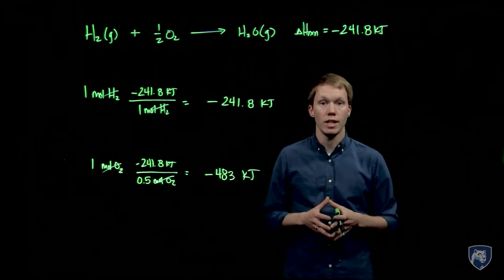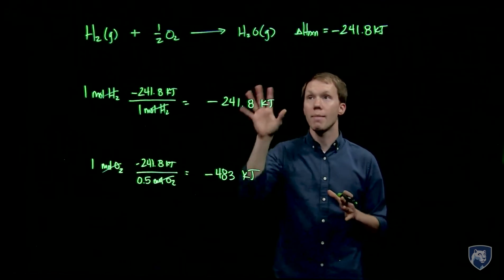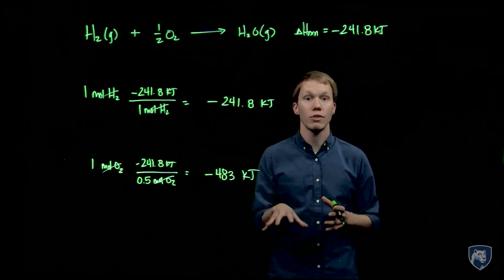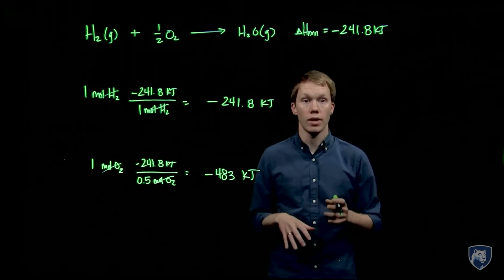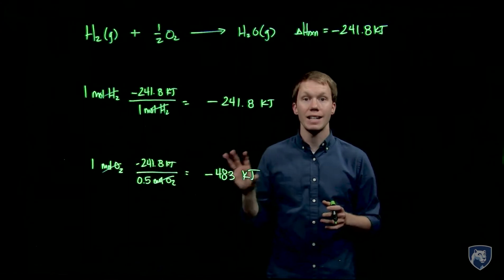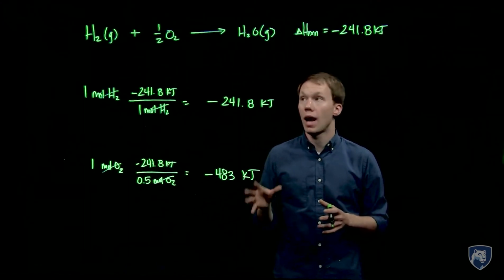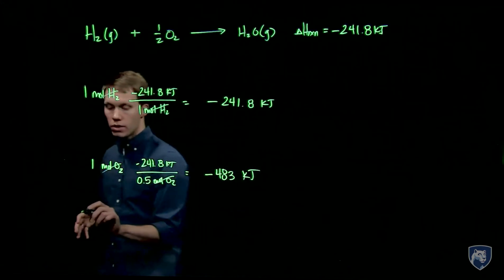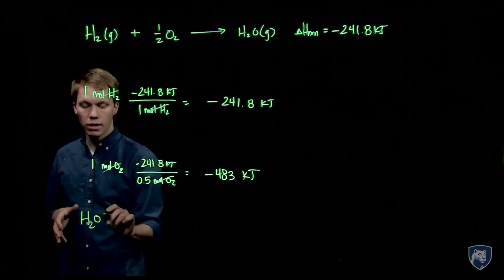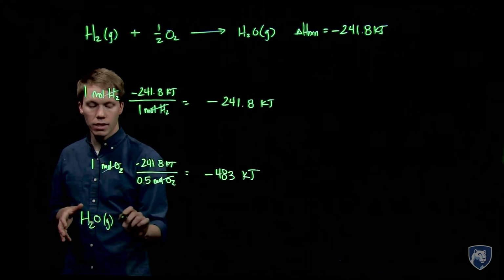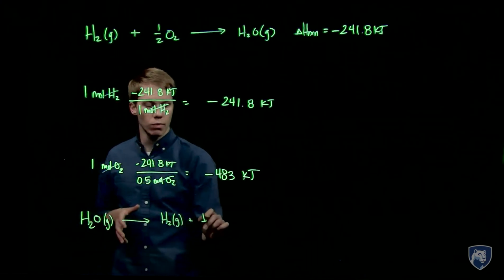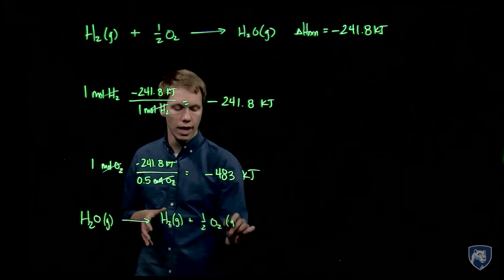Let's say my next question is to essentially do the opposite of this reaction. Let's take 9 grams of water and convert that into hydrogen and oxygen gas. Okay, so let me get you started here. We'll take water gas and produce H2 gas and 1/2 O2 gas.